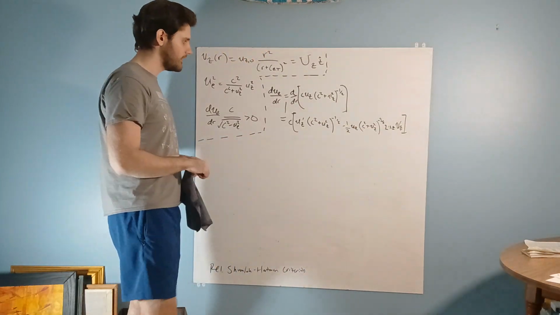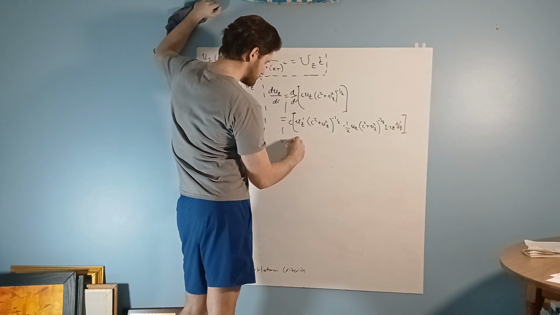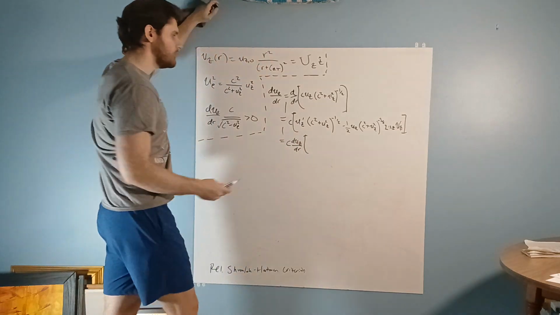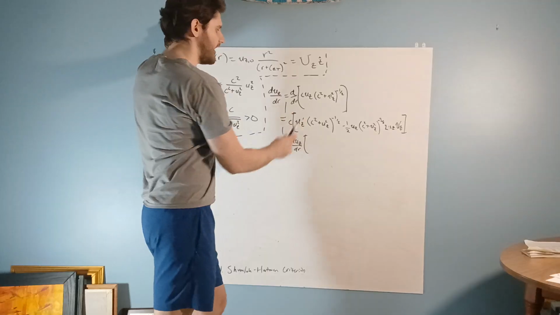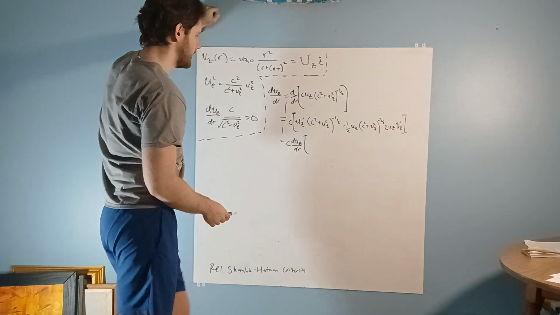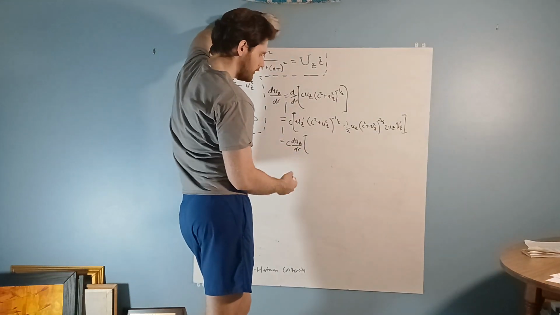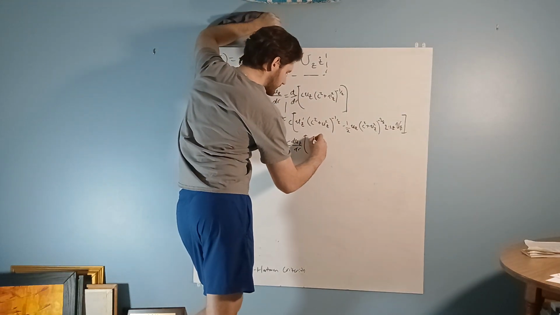The shear shows up in both. That means that we can pull it out. And now what we want to do is multiply this guy top and bottom to get a common factor with this fellow. So we're going to multiply it by C squared plus UZ squared over C squared plus UZ squared.